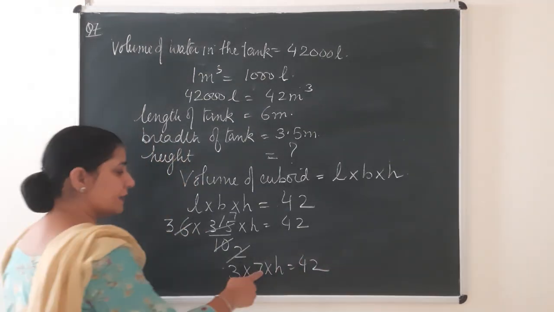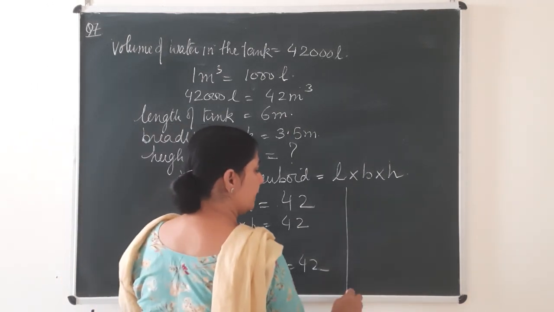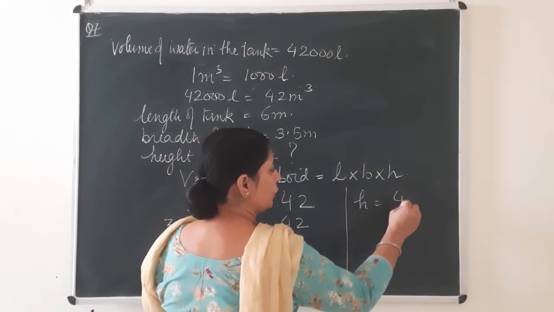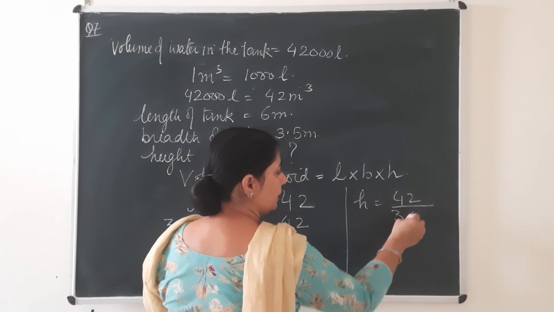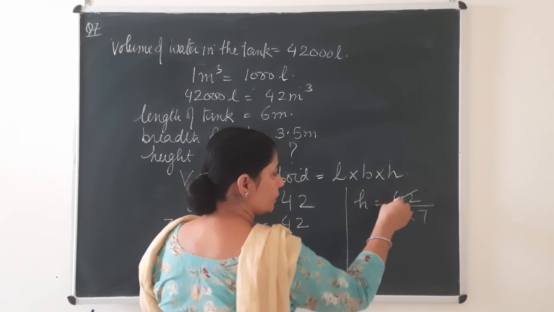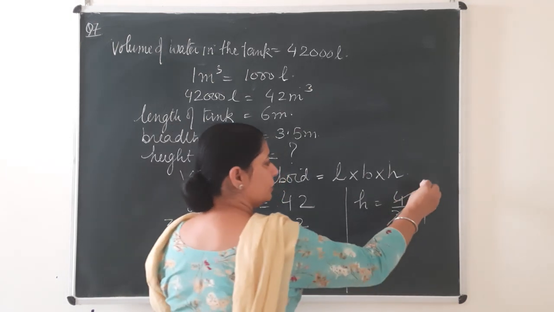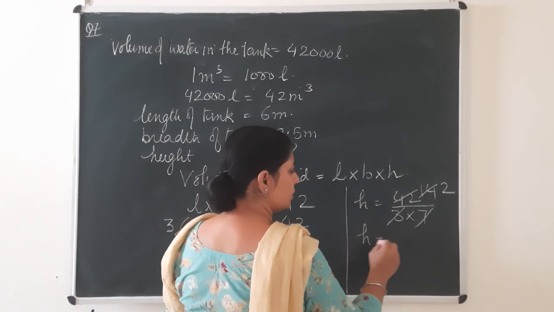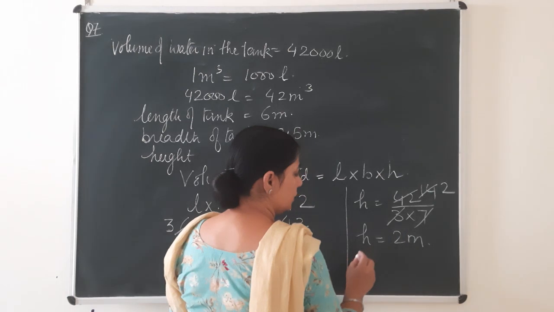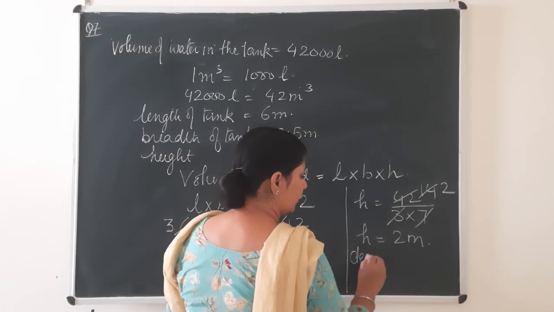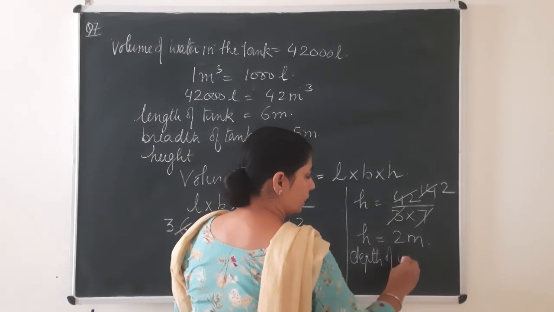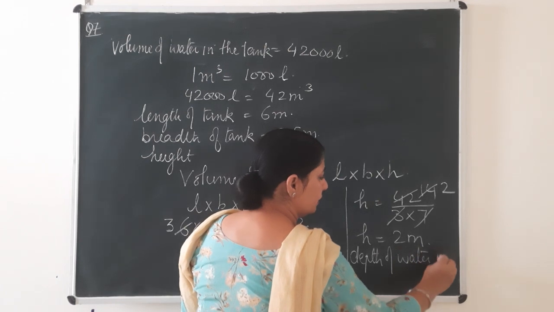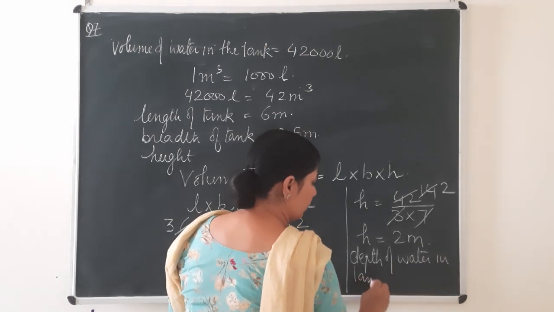Now you shift 3 and 7 to that side and you will get h is equal to 42 divided by 3 multiplied by 7. On the table of 3, 3 14s are 42, 7 2s are 14. So h is equal to 2 meter. Therefore the depth of the water in the tank is equal to 2 meters.